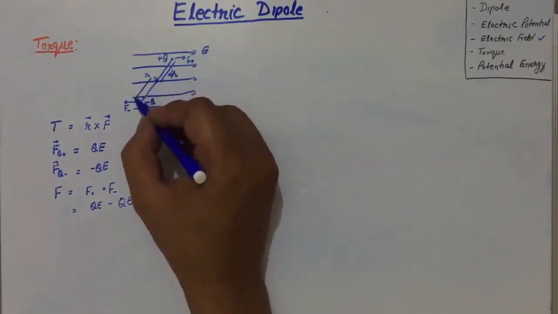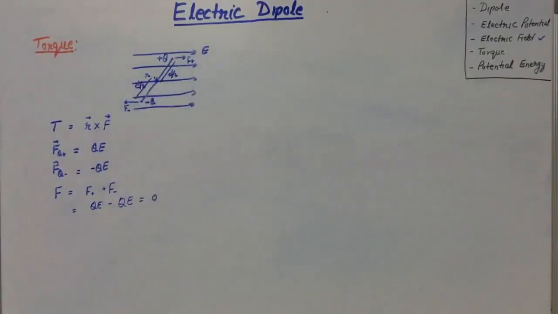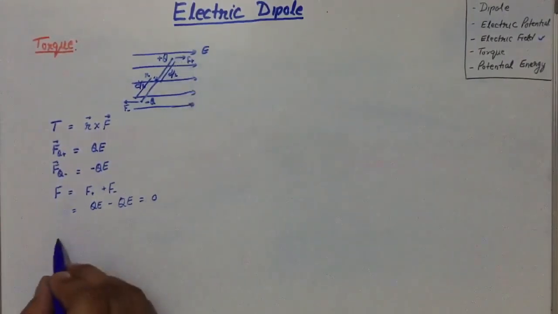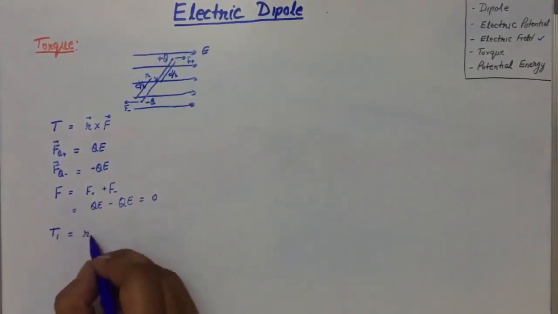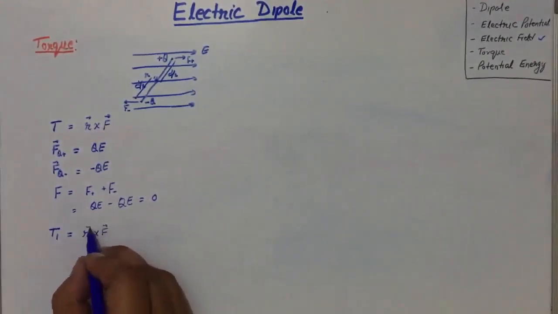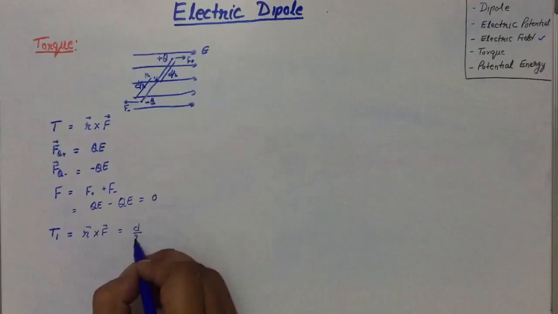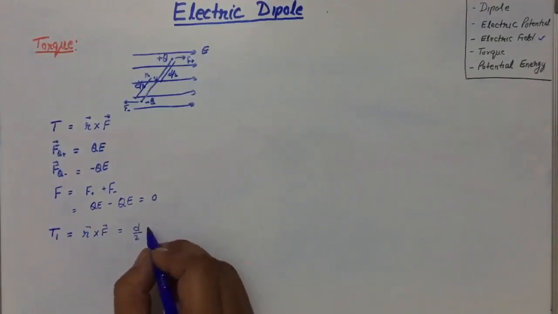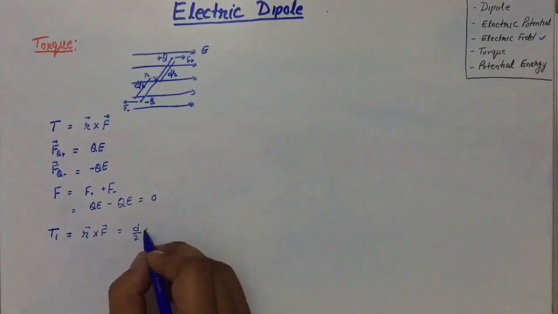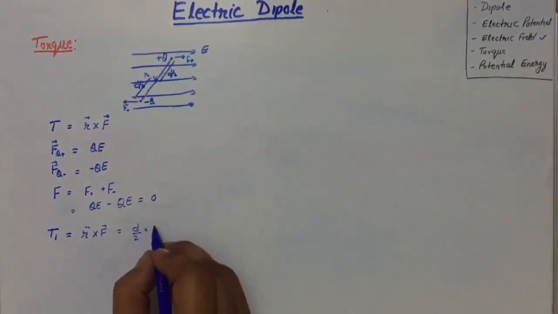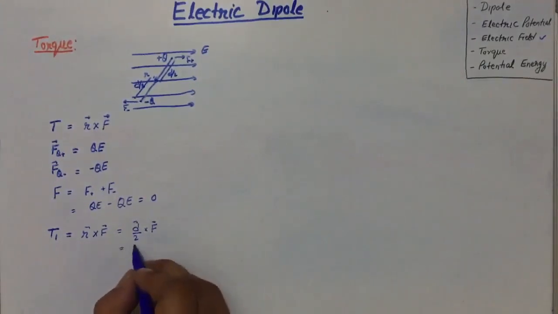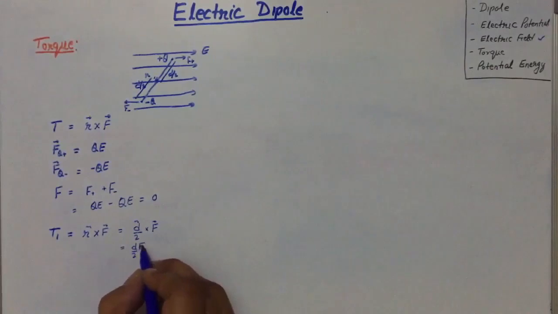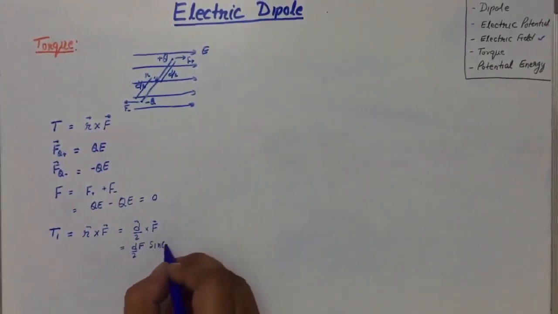So the torque on the positive charge, torque 1, can be written as R cross F, that is d by 2 cross F, or d by 2 F sine theta.